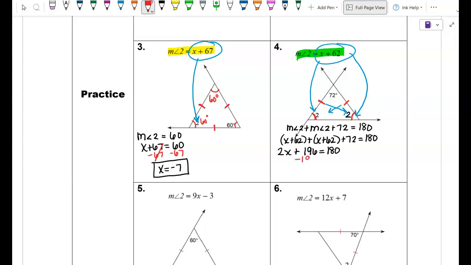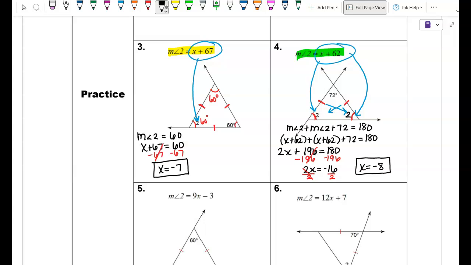I subtract the 196 from both sides. I get 2x equals -16. Divide both sides by 2. And we get x equals -8.